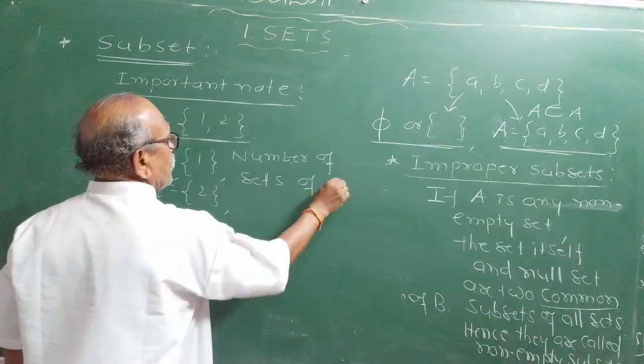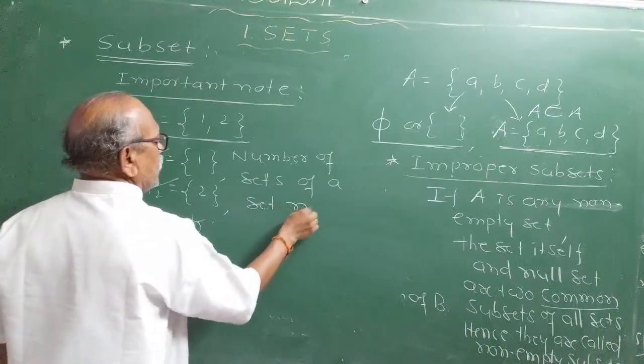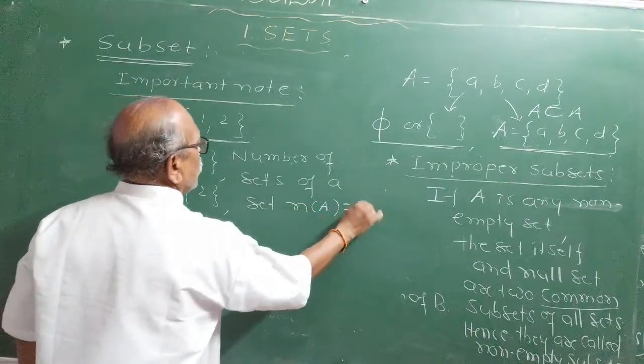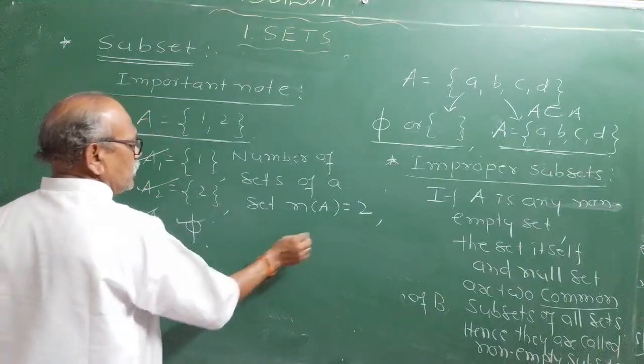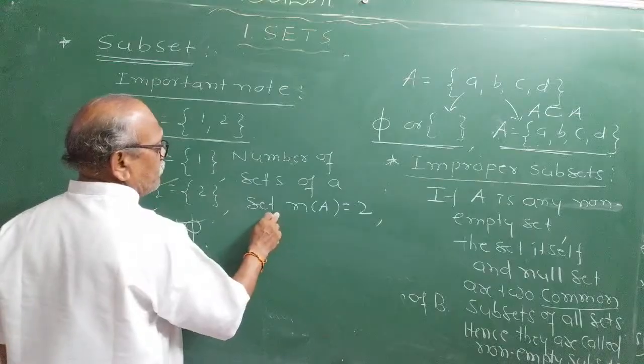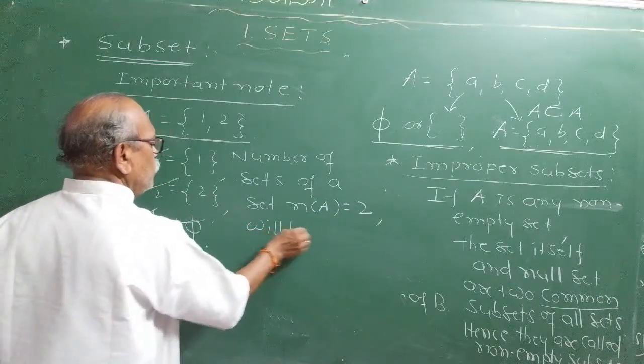So the number of subsets of a set, n of A is equal to 2, will be 4.